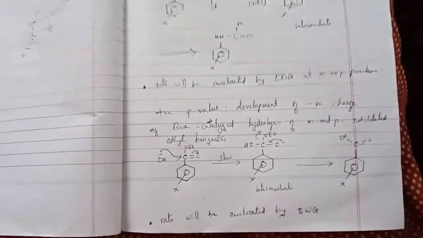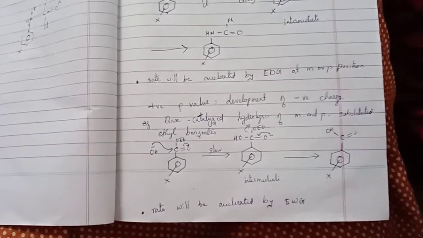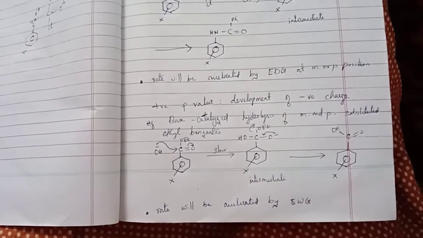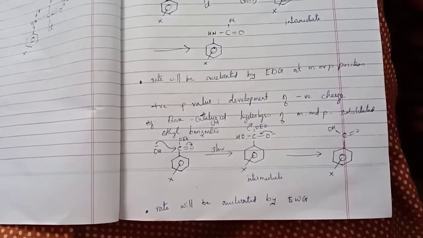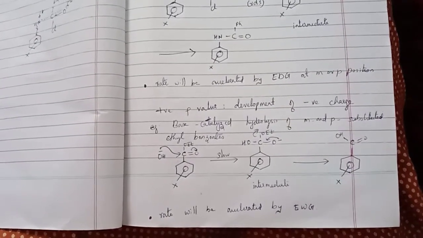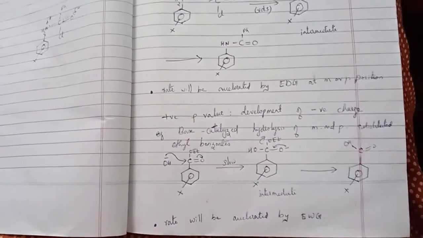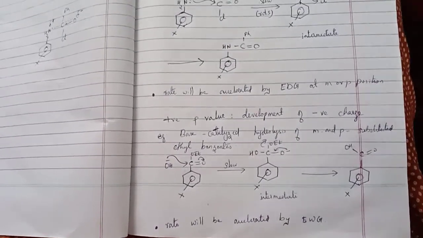Okay, and a reaction with positive rho value. Positive rho value means either development of negative charge or diminishing of positive charge at the reaction center in the transition state of the rate determining step.